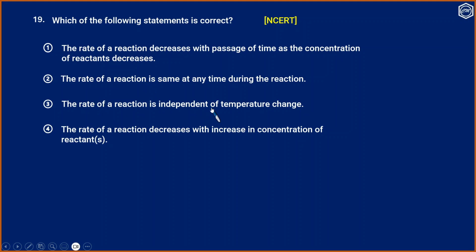The rate of a reaction is independent of temperature is also a wrong statement. The rate of a reaction decreases with increase in concentration of reactants is also a wrong statement. The rate actually increases with the increase in concentration of reactants. The correct answer should be option 1.